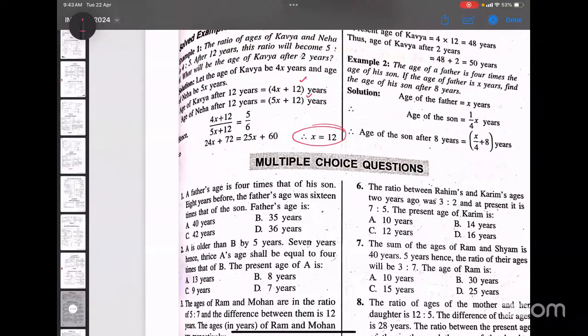And the next part: if the age of the father is X years now, find the age of his son after 8 years. So if the age of the father currently is X years, his son's age will be X by 4. And after 8 years, it will be X by 4 plus 8. Yes or no?